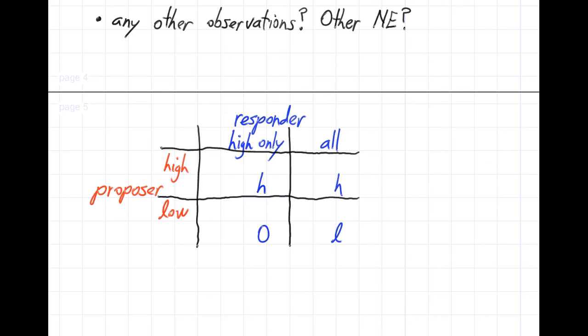And looking at the proposer, in 3 of these cases, they just get the complement. And in the final case, where the responder refused the offer, nobody gets anything. So the proposer also gets 0.